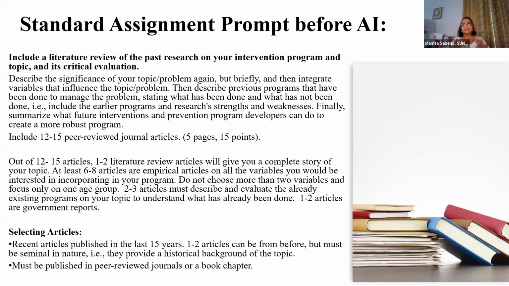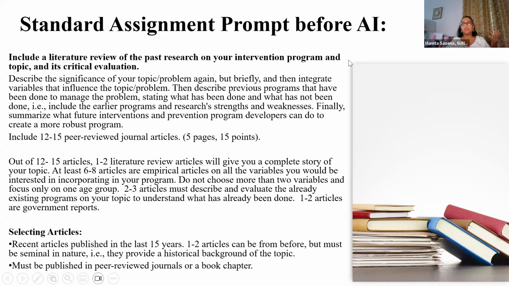This was the standard assignment prompt before AI. I believe it was in 2017, and this is exactly from my syllabus. They had to read 12 to 15 peer-reviewed journal articles or book chapters from the last 15 years.